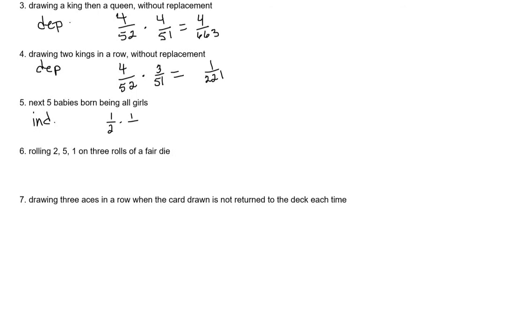The probability that your second child is a girl is 1/2, and the third, and the fourth, and the fifth. And I can write that as 1/2 to the 5th power, and we are writing this answer as a fraction, so that's 1/32. Every time you have a child, the probability that it's a girl is 1/2.